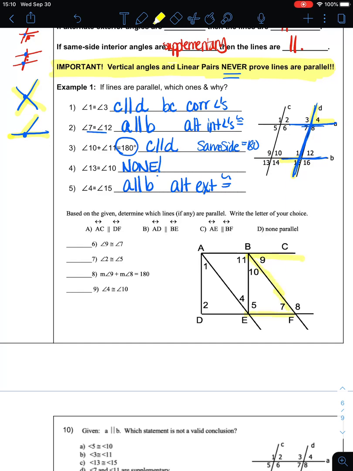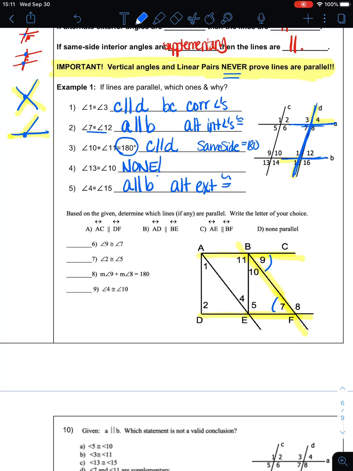So I have angle 9 and angle 7. If you want to try these on your own, just hit pause and try it on your own. I'm telling you 9 is congruent to 7. Notice that I can extend these lines, and I've got my 2 lines that travel in one direction, and then I have my transversal that cuts across them.